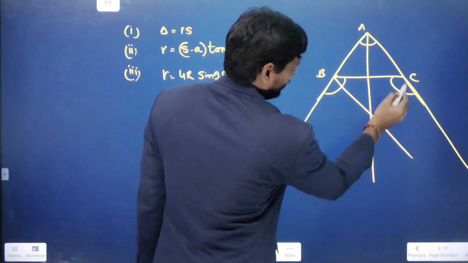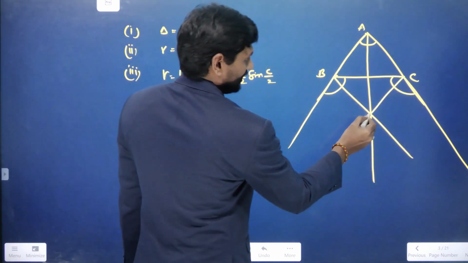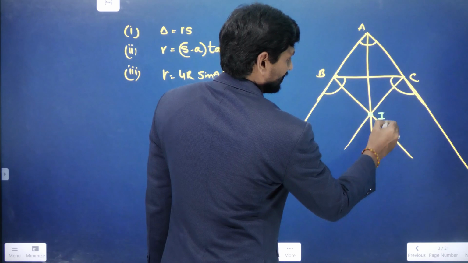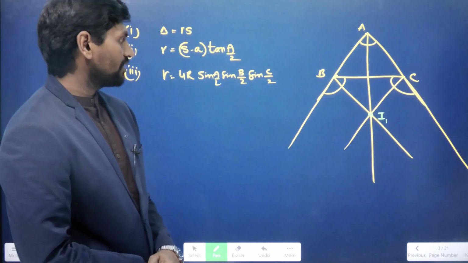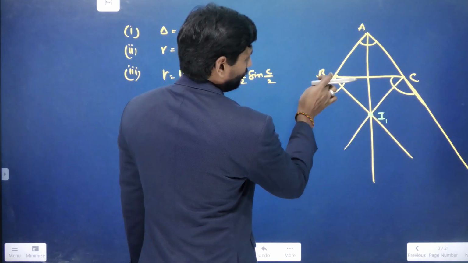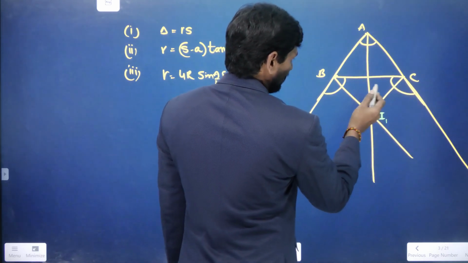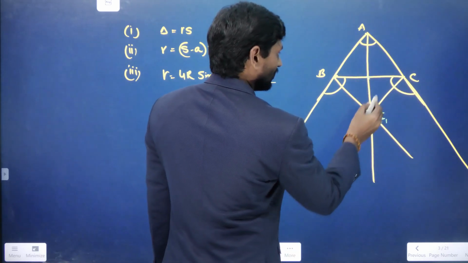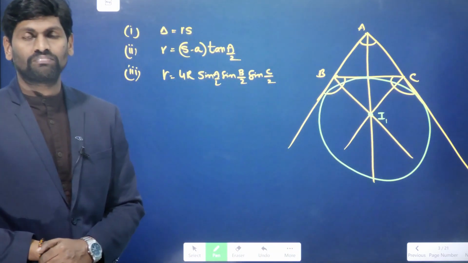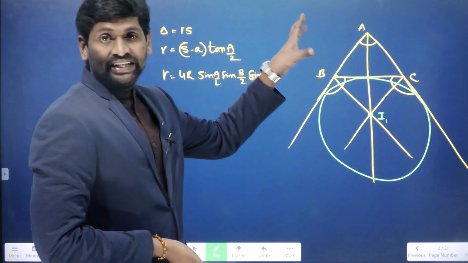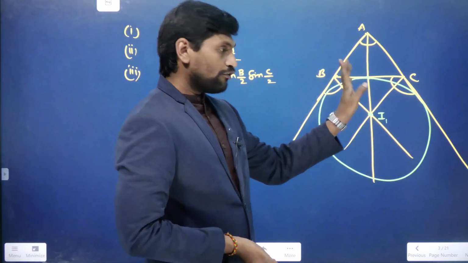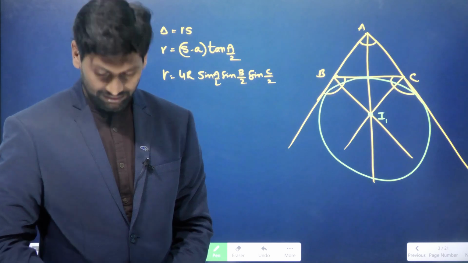So the angular bisectors of the remaining two exterior angles, these three, intersect at a point, and that is the excircle's center. From this point we take the distance to the side, draw one circle, and it will give you the excircle. So the interior angular bisector together with the exterior angular bisectors forms an excircle.